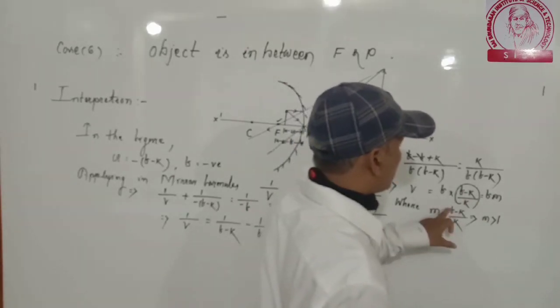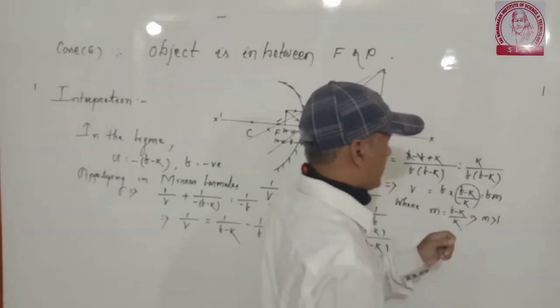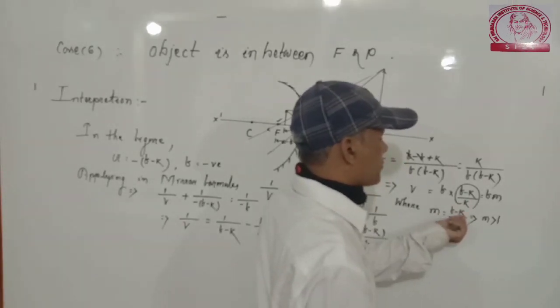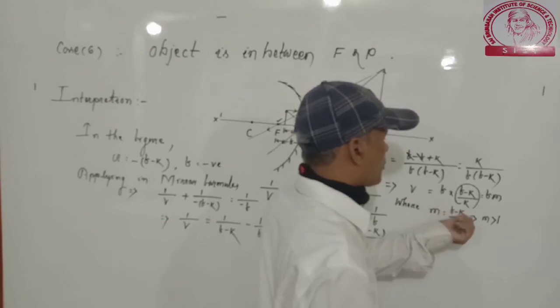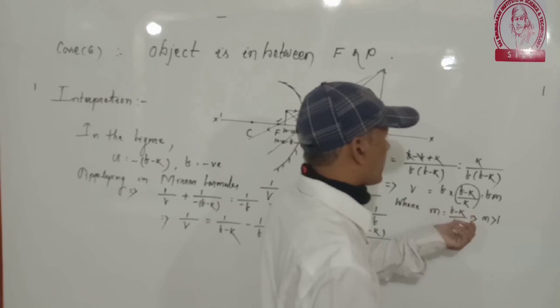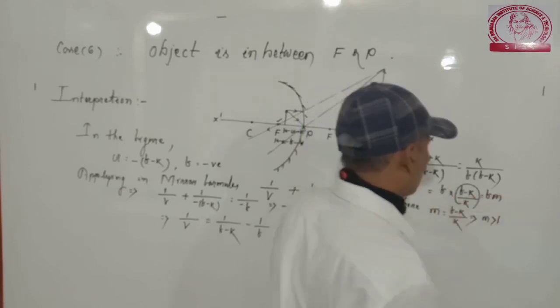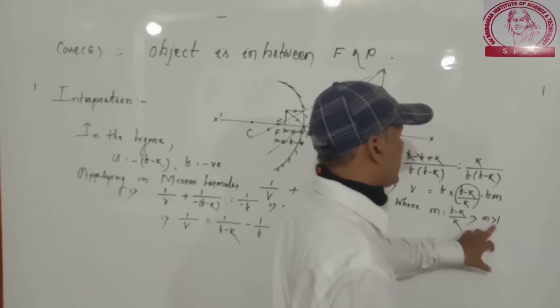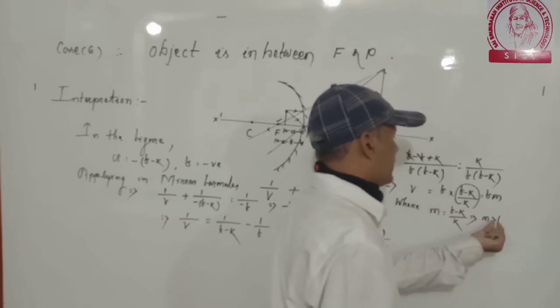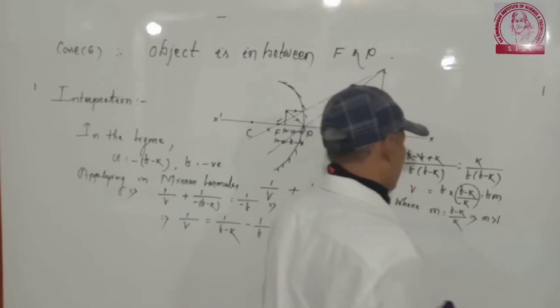The focal length is 10 centimeter and the small change is 2 centimeter. So now it is 10 minus 2, it is 8, 8 by 2. That means M is equal to 4, then it will be 4f, 4 times f. So no doubt M is greater than 1. Once M is greater than 1 means v is greater than f.